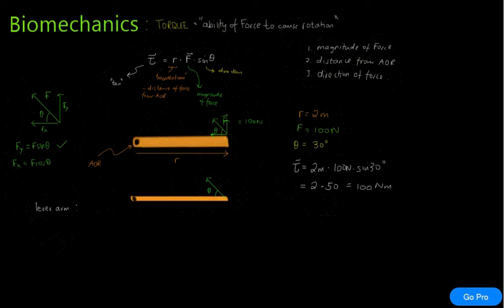So what do I have to do to find the effective length of the lever arm? Well, step number one is to project the force further, so extend the force further in either direction.